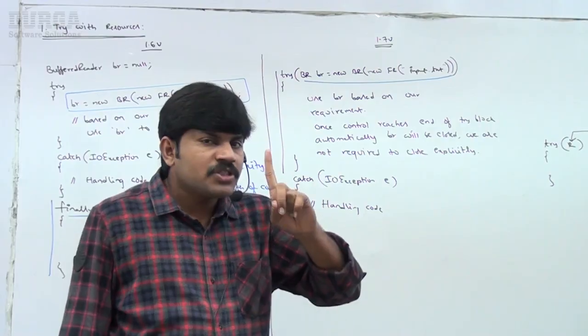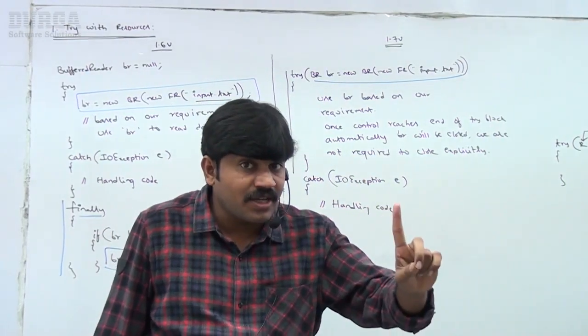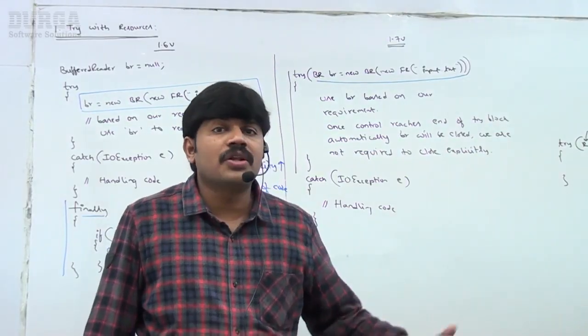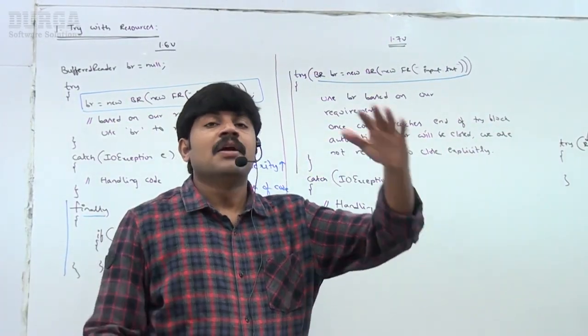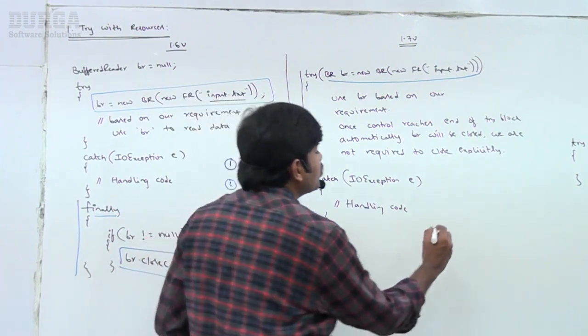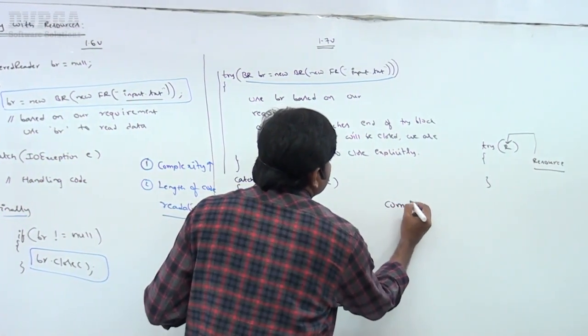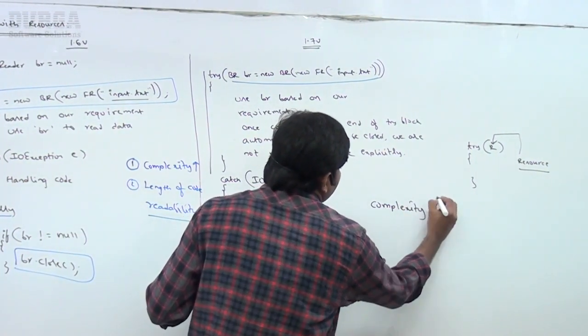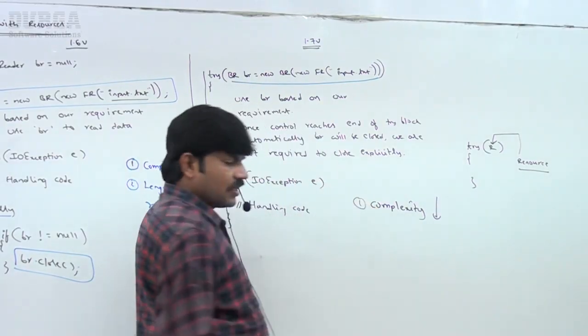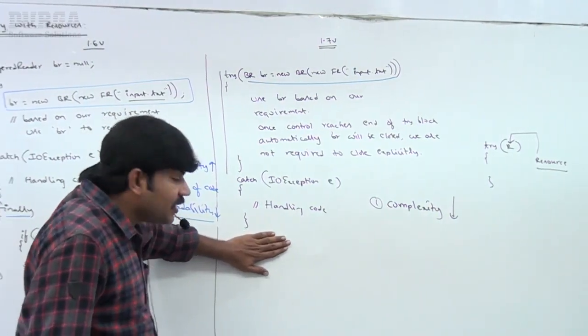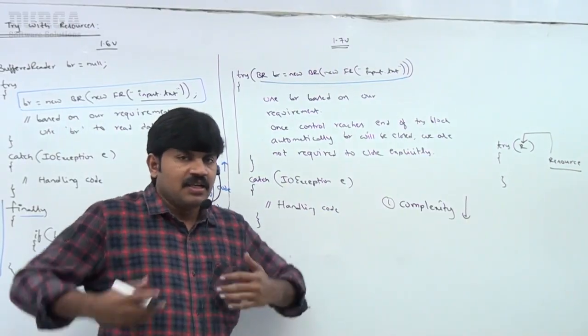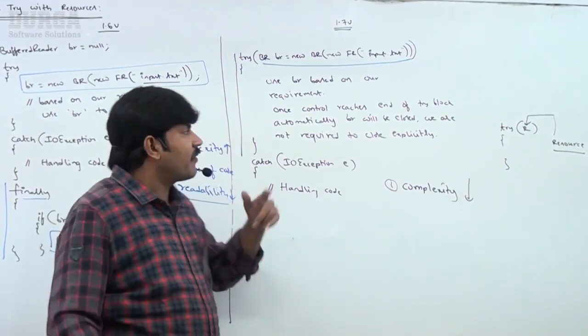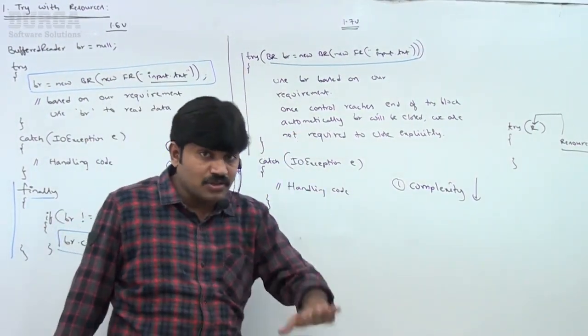So what is the first advantage? We are not required to close resources explicitly. The complexity of the programming is going to be reduced. We are not required to write the finally block explicitly. Our job is automatically performed by the try-with-resources syntax only.